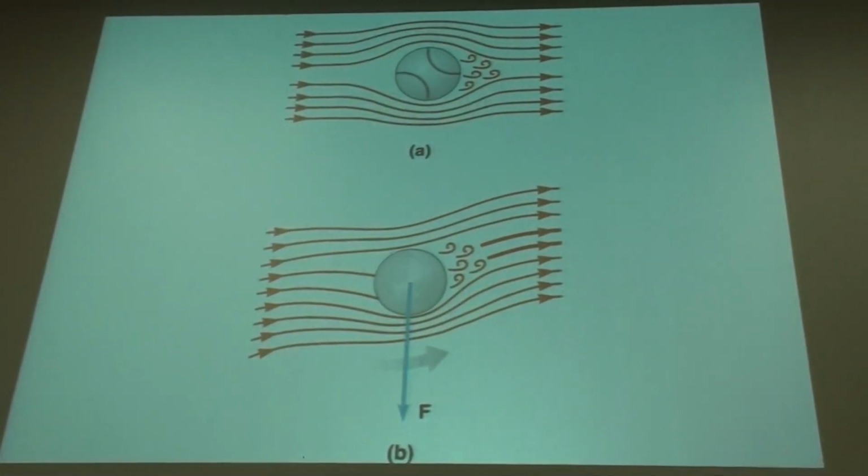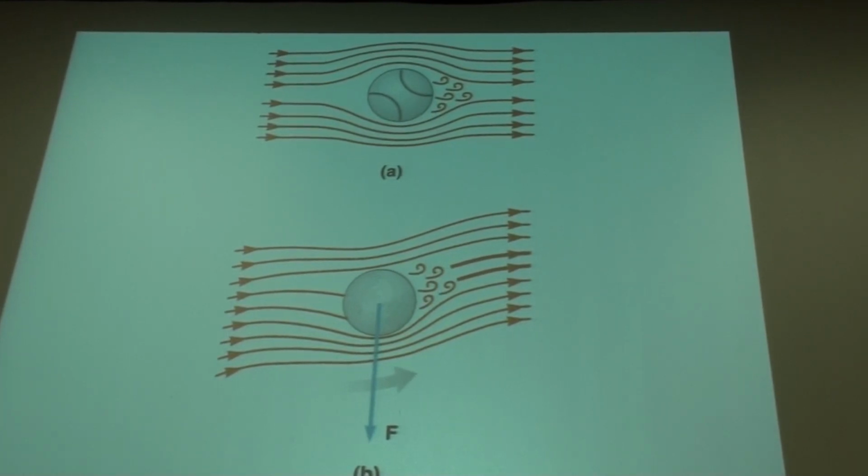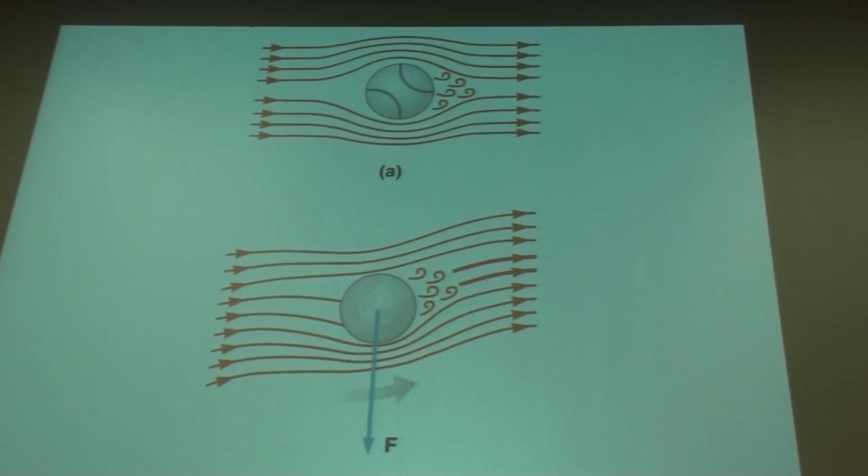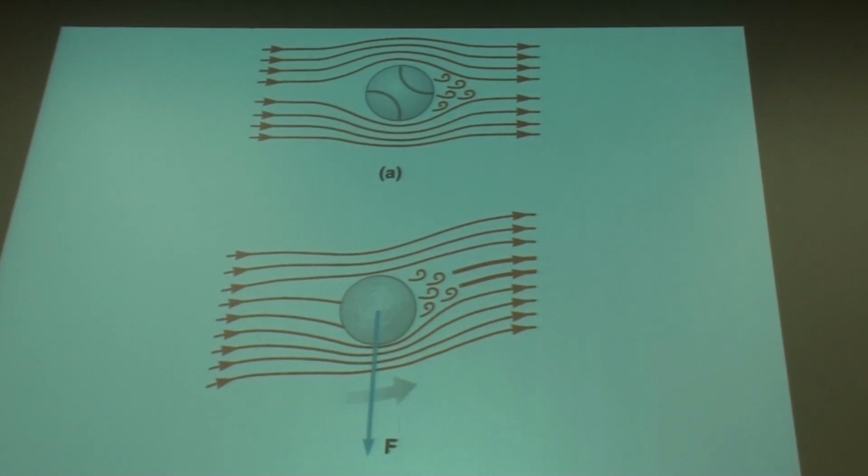If you've got a curveball, basically what's happening is that there are little irregularities on the baseball itself that, if that baseball happens to be rotating, are going to either cause that baseball to rise or sink, depending on where the air is moving the fastest.